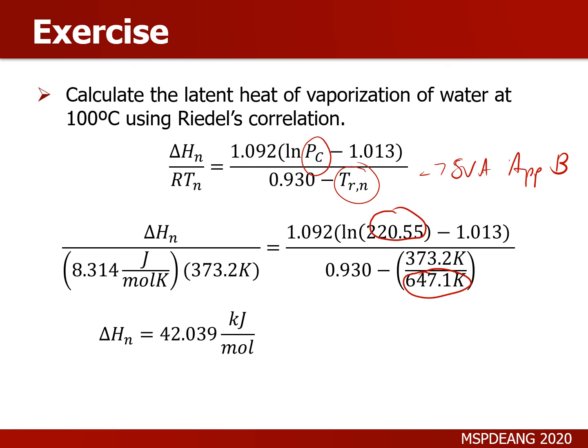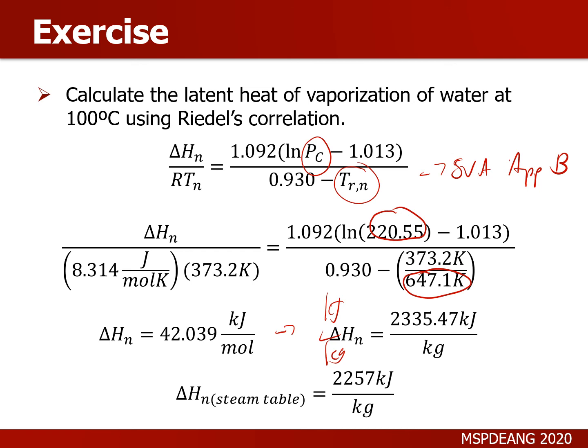Now, comparing this to the steam table value, okay, so to convert into kilojoules per kilogram. So delta Hn using the Riedel correlation is 2335.47 kilojoules per kilogram. And delta Hn from steam table value is 2257 kilojoules per kilogram.